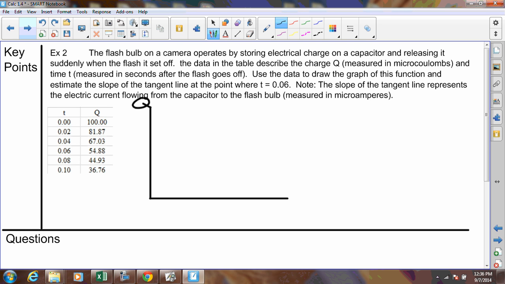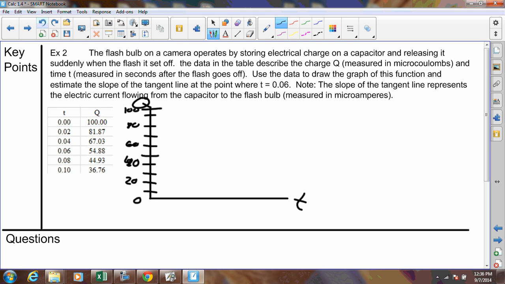I have Q, we have T, and Q goes up to 100, so we'll say 100, 90, 80, 70, 60, 50, 40, 30, 20. Okay, my spacing's bad. So 100, 80, 60, 40, 20, 0.